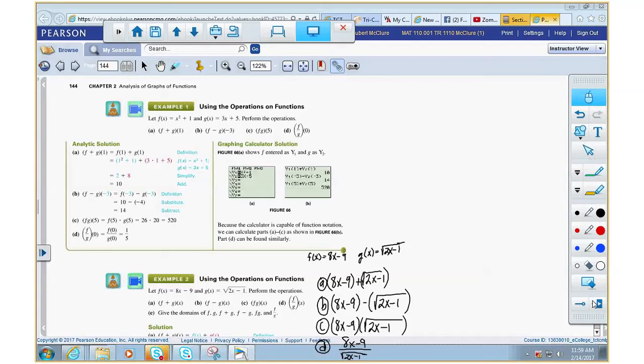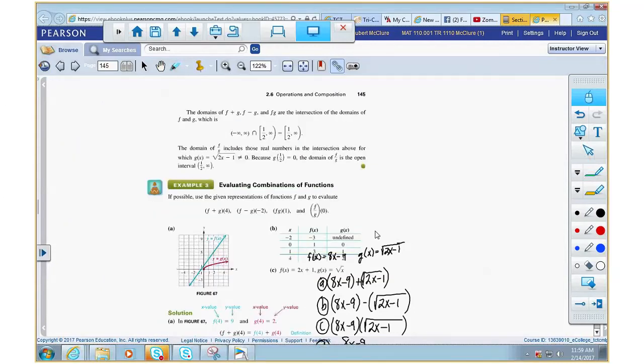That was example 2. Example 3. It's kind of weird. I don't see what the purpose of that is. You don't have to. They want you to know f plus g, okay? That's a good question to go over.